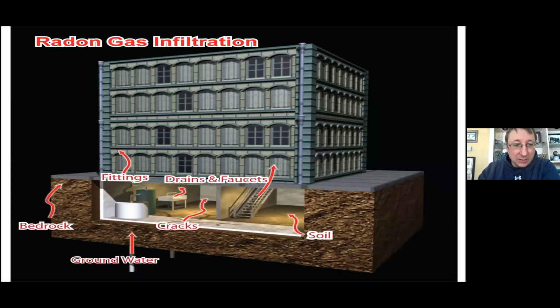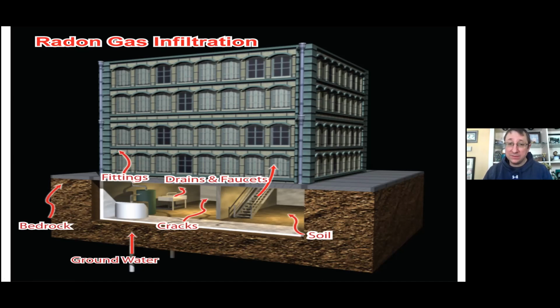So how it happens is, again, you've got uranium deposits deep in the earth. It's decaying. This stuff percolates up through the soil, and it's going to get into buildings. And it's not just a home that I would worry about. If you're working in an office building 8 hours a day, if you're a firefighter, I would want to have that environment tested, because that's 8 hours a day. And like we said yesterday, some fire rotations are 24 hours at a time.